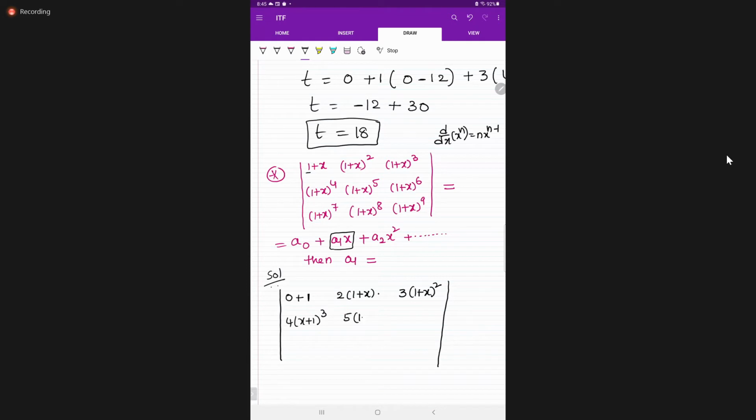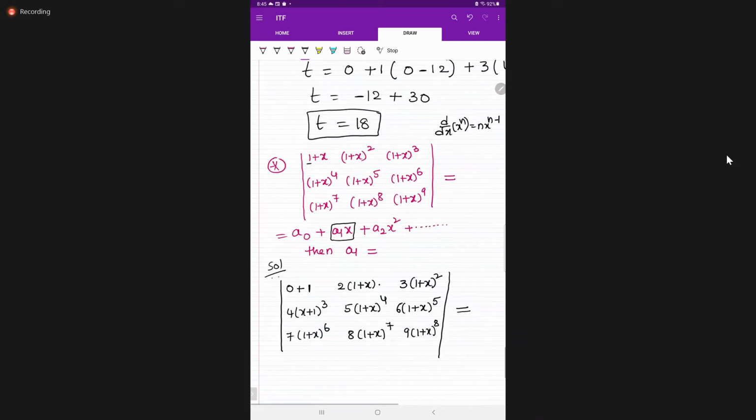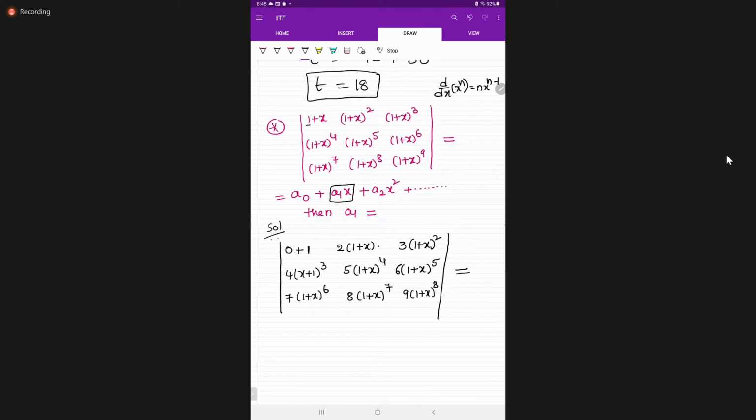This is 5 into 1 plus x to the power 4, this is 6 into 1 plus x to the power 5, and this is 7 into 1 plus x to the power 6, 8 into 1 plus x to the power 7, 9 into 1 plus x to the power 8, which is equal to... on the right side also do differentiation, students. a naught is a constant, so 0. 0 plus a1x gives a1, plus and so on.